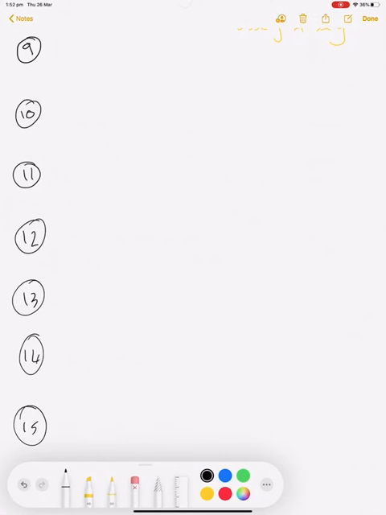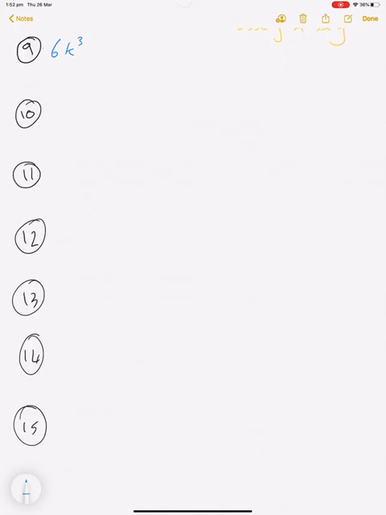Okay, so let's do some questions from the book. Let's do 6k cubed plus 3k squared.